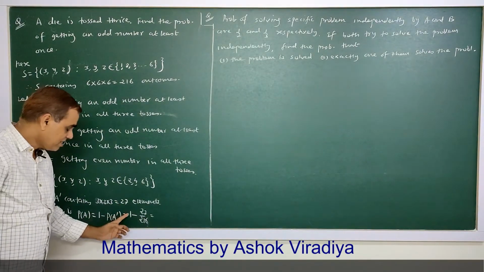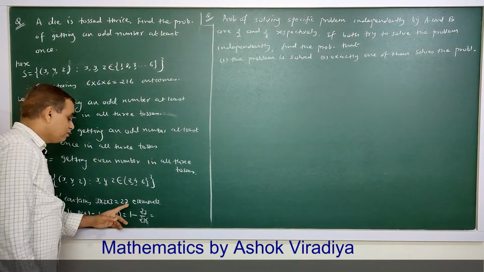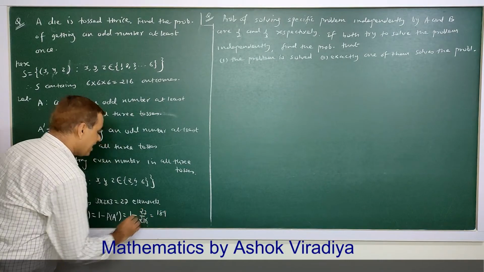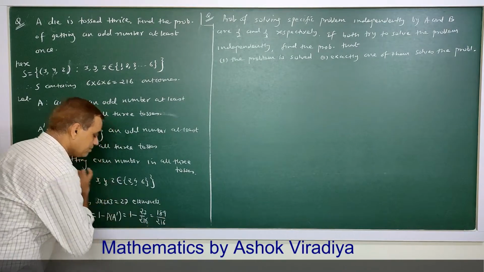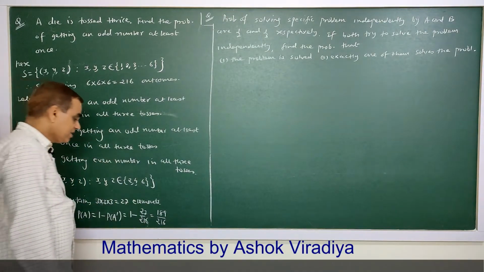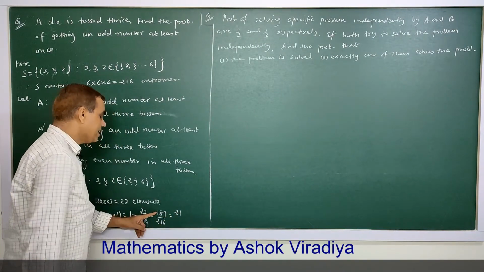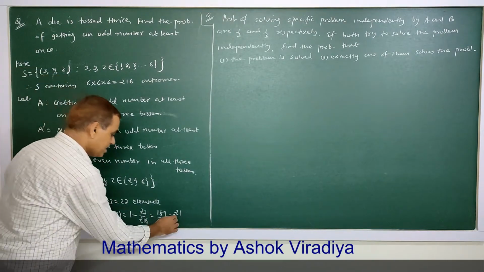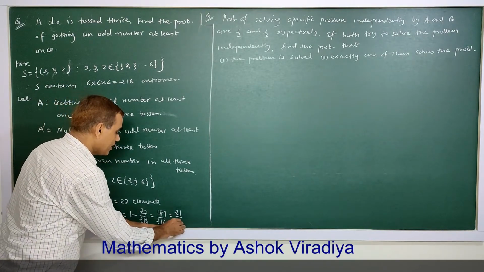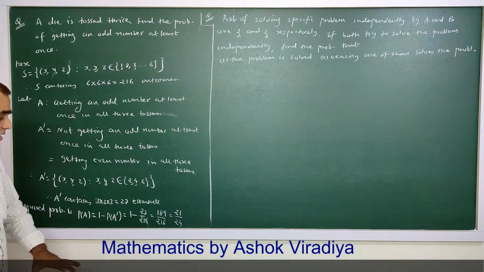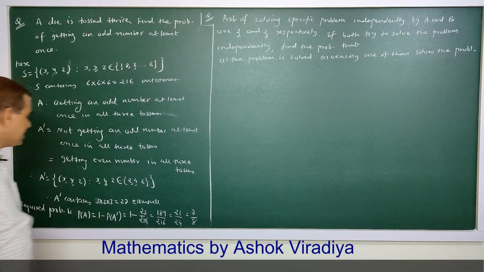So 216 minus 27 is 189 upon 216. It is divisible by 9: 9 into 21 is 189, and 9 into 24 is 216. Still divisible by 3, so 7 upon 8. So this is the required probability.